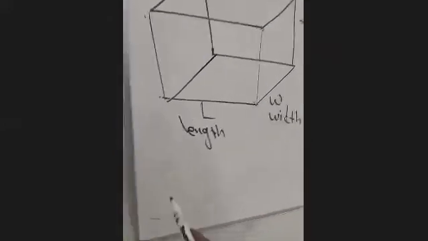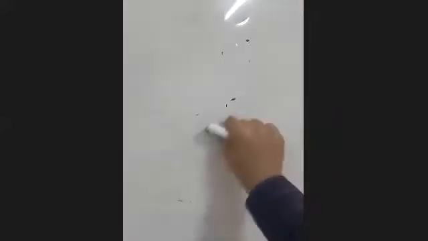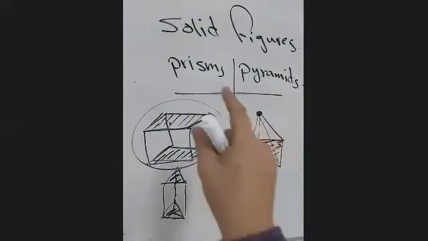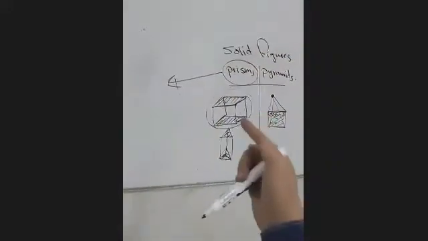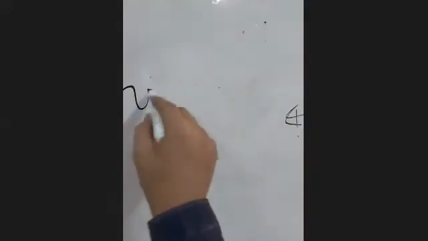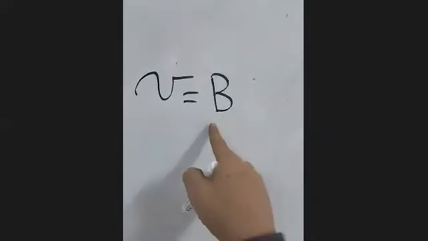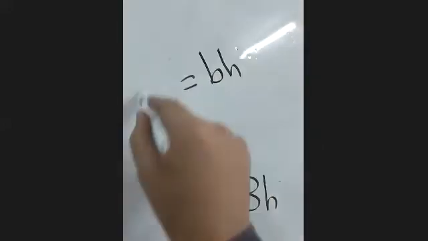Now, to find the volume of it, what will he do? I'll stop here and go here. Here we talked about a prism and a pyramid, right? Now, to find the volume of any prism, not only a rectangular prism, any prism, the volume is big B H, not small b H. That is the area of a parallelogram.